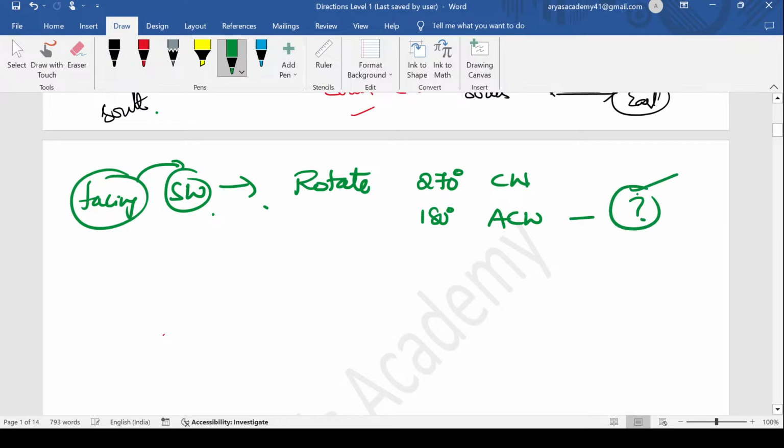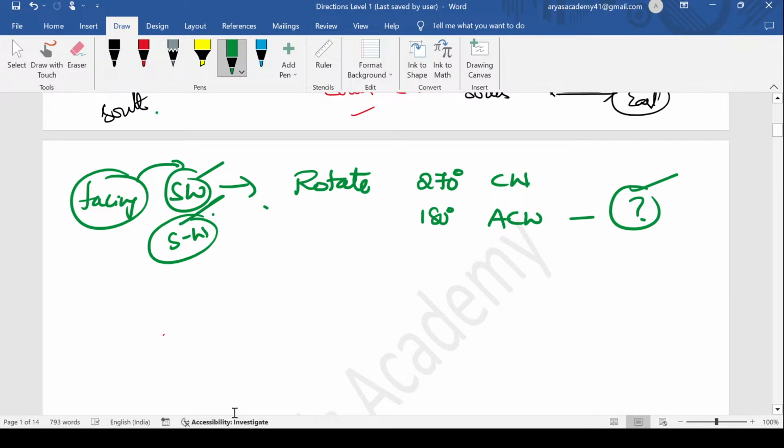Which direction will I be facing? CW means clockwise. ACW means anti-clockwise. I am abbreviating it, I am not writing the full word. I am facing southwest.